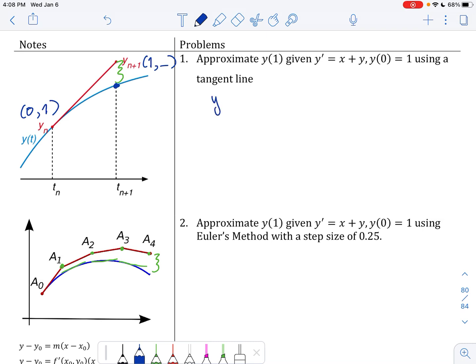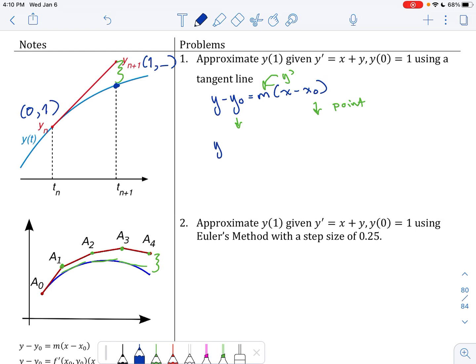The way we want to do this is to start by writing the tangent line, and I will always use point-slope form, which is y minus y naught equals m times x minus x naught. We're given our x and y from the point, and the slope is y prime.